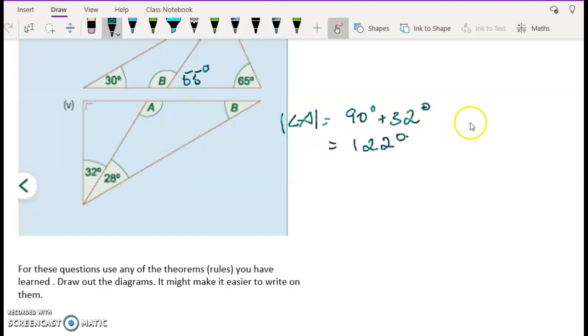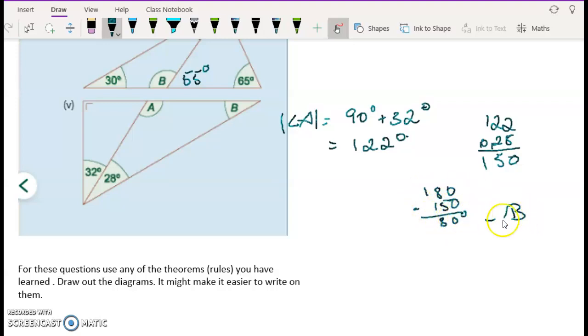So then if I want to get angle B, I can add that and that together and take it away from 180. So 122 plus 28 is 150. So 180, take away 150, that gives me 30 degrees is angle B.